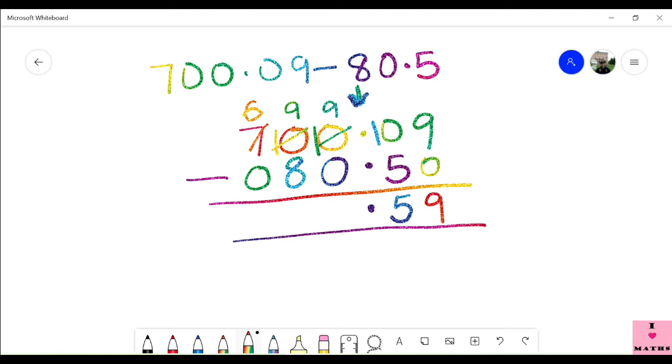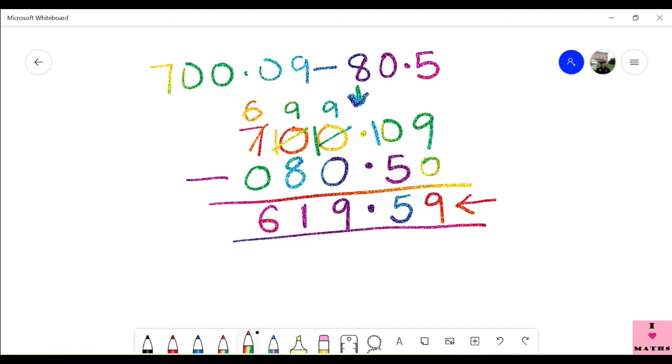Here we will have decimal. 9 minus 0 is 9. 9 minus 8 is 1. And 6 minus 0 is 6. So the answer is 619.59. I hope children you would have understood how to do addition and subtraction of decimal.